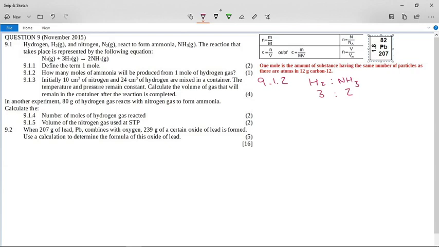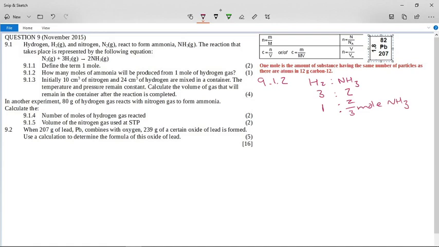So if you only had 1 mole of hydrogen gas, you are going to divide both of these by 3. So 2 divided by 3, it will be 2/3 moles. Because can you see mathematically, to get from 3 to 1, we must divide by 3. So if we do it on this side, we must do it on the other side. So you will only end up with 2/3 of a mole of ammonia.